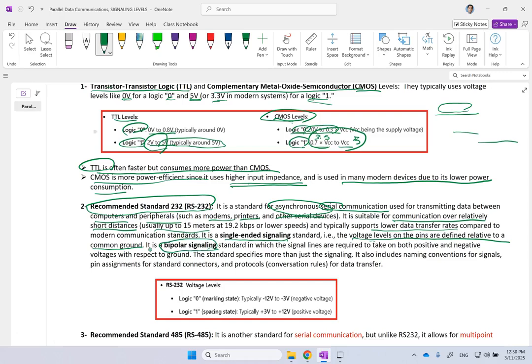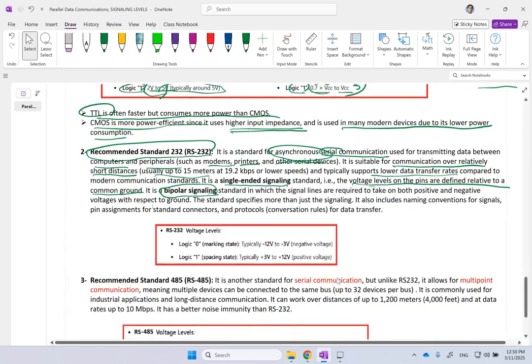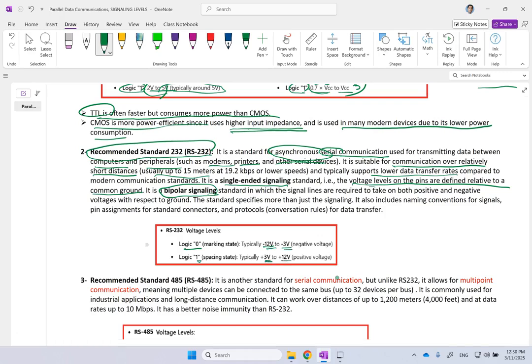If you look at CMOS and TTL, they are always positive, greater than or equal to 0. But if you look at RS-232, you see that logic 0 is negative 12 volts to negative 3, and logic 1 is positive 3 to positive 12. So you see it can go negative, and that's why we call it bipolar signaling, okay? Now, RS-232, remember, is more than just setting the voltage level for logic 0 and logic 1. RS-232 has a lot more.